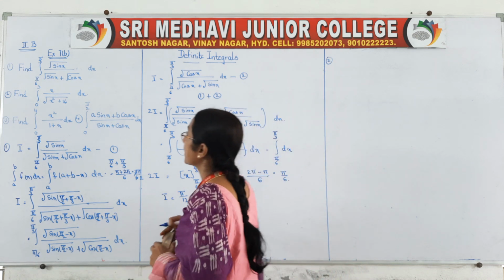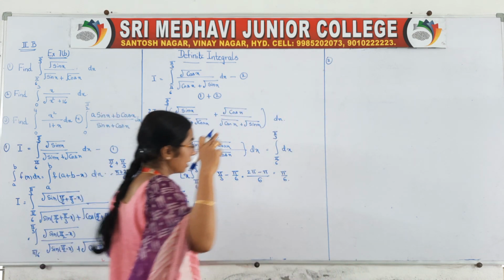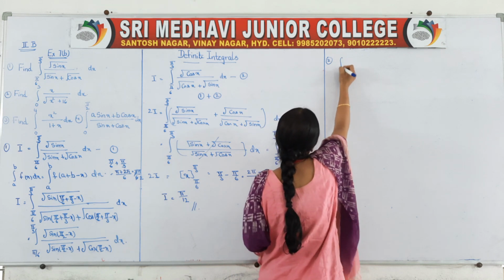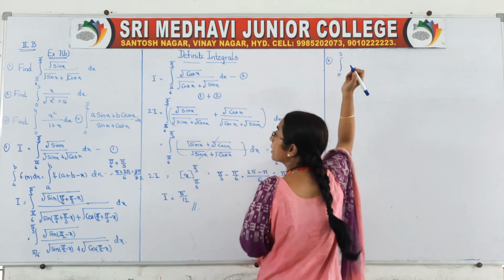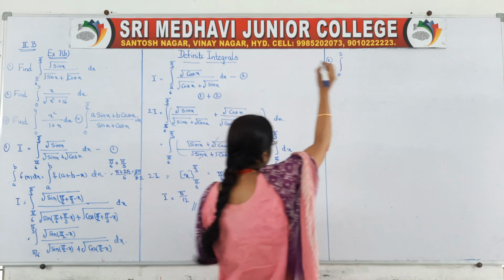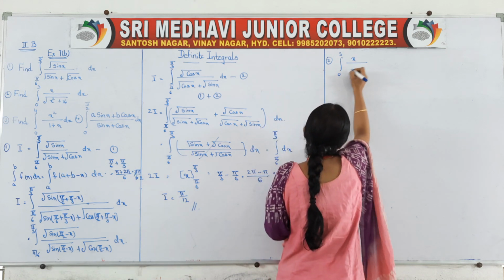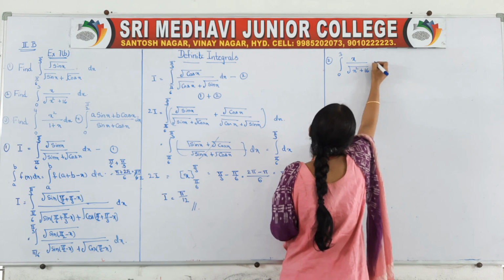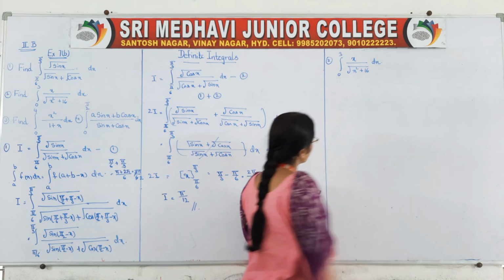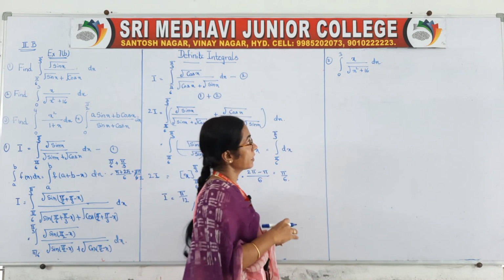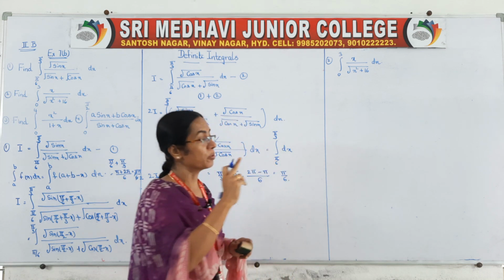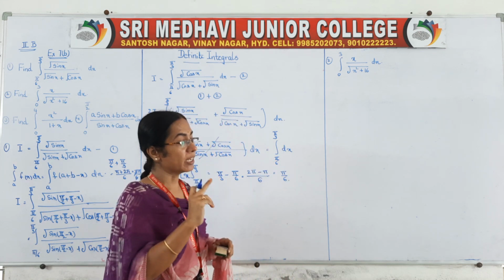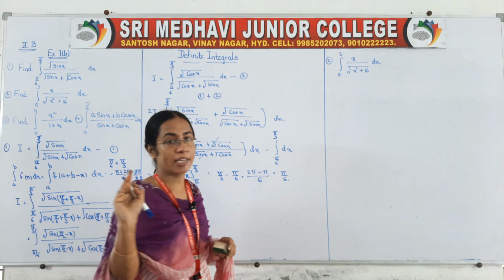What is your second question? Find the integral from 0 to 3 of x by root of x square plus 16 into dx. Okay, so already I said to you, whenever any value is under a square root, you consider that value as a square.